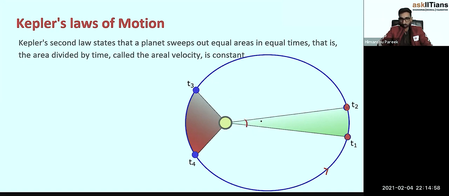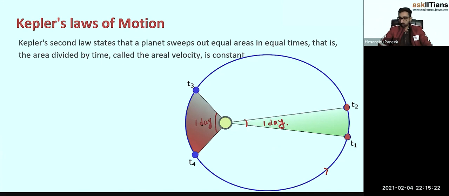So when it goes from T1 to T2, let's say this is the total time taken, one day. Now suppose going from this location to this location, it has taken one day of time. And then in going from T3 to T4, it again has taken one day of time.